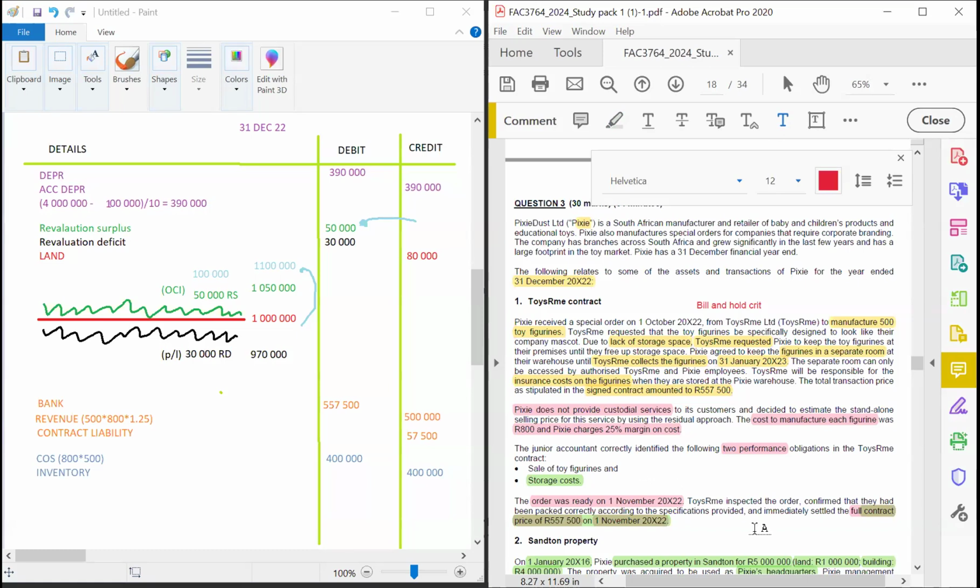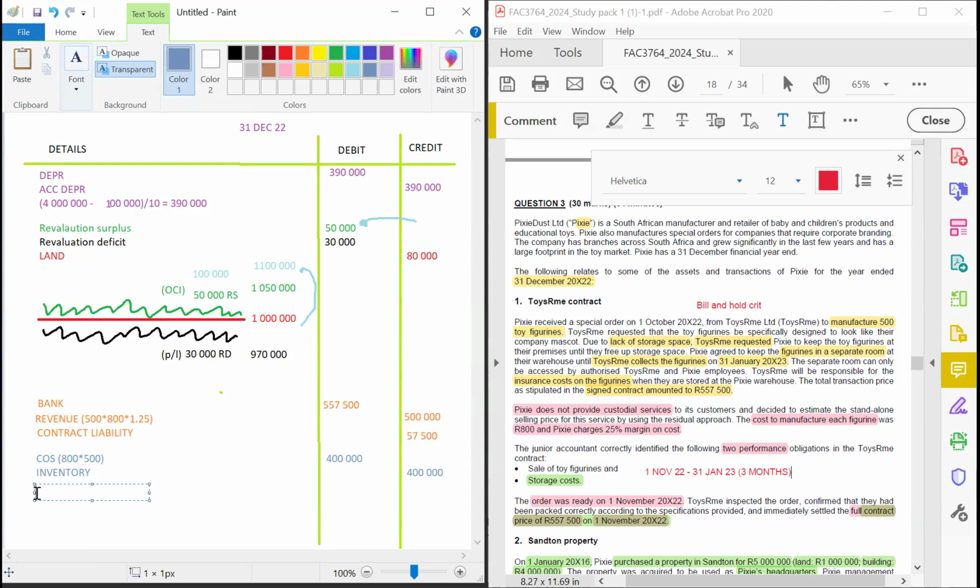So essentially from the 1st of November 2022 to the 31st of January 2023, it is 3 months. Okay, perfect. So that's 3 months. Now, this storage cost, I'm going to recognize over 3 months, right?